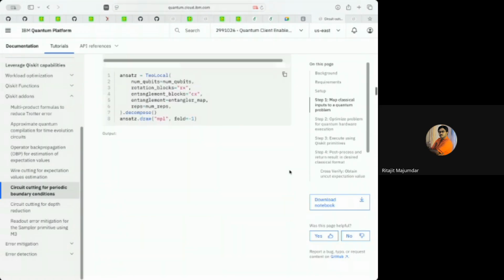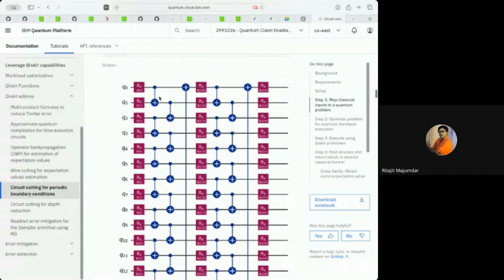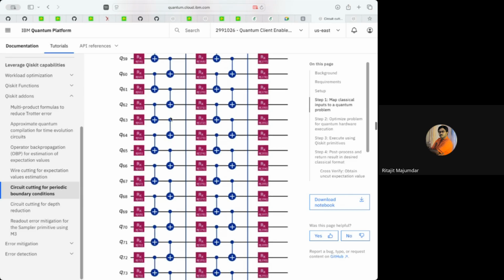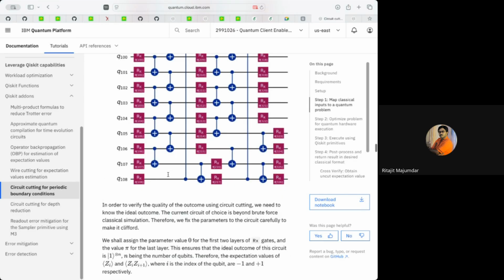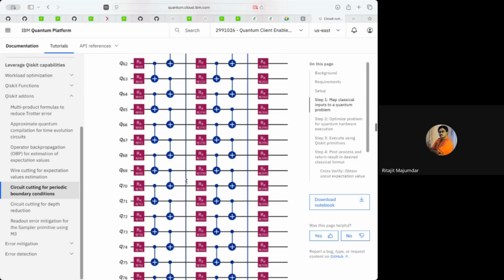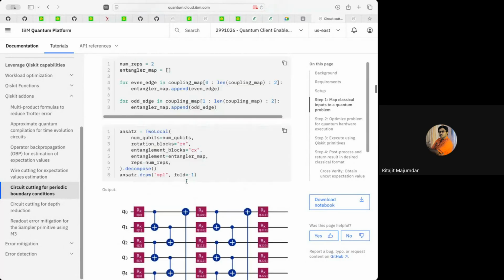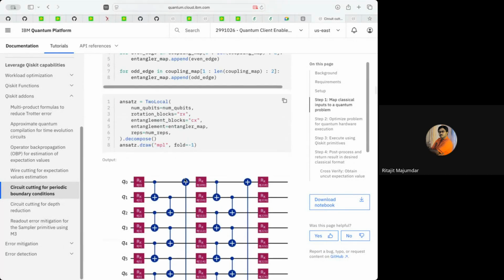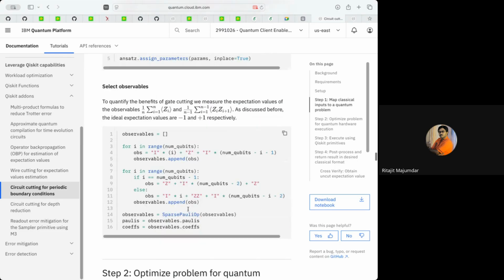If you look into this figure, you can see that it's kind of linearly going, q0 to q1, q1 to q2, and suddenly from the last qubit, number 108, there is a gate to qubit number 0. When you want to apply this on the hardware, this would end up requiring a large number of swap gates, because that's a very, very long range interaction. So here is one example where you know that you should be doing cutting.